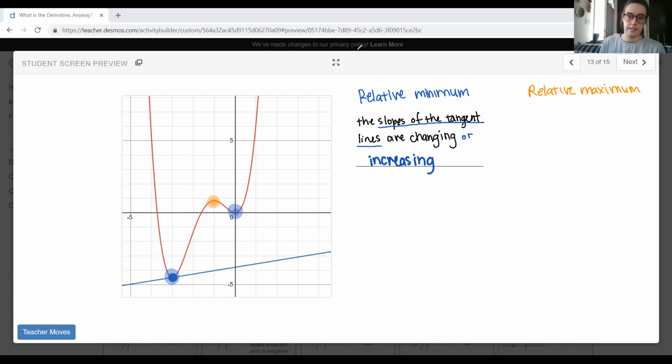And just in case, it might be helpful to have an example. If I had f of x equals x squared minus 3, and I wanted you to find the instantaneous rate of change at x equals 1, let's say, how would you do that? How would you find the instantaneous rate of change?